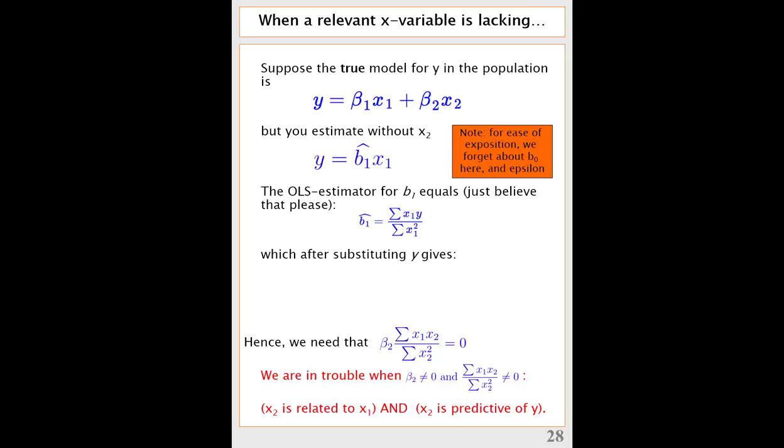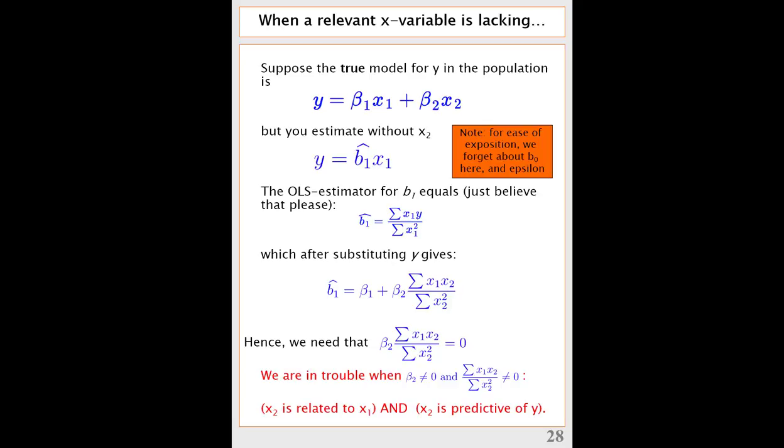Just believe that. You can look it up in a textbook, it doesn't matter so much, but this is what actually is being calculated behind the scenes. Now let's see. If this is what is being calculated when we are predicting y from x1, now let's see what that would give. That is by putting in there this equation, exactly that.